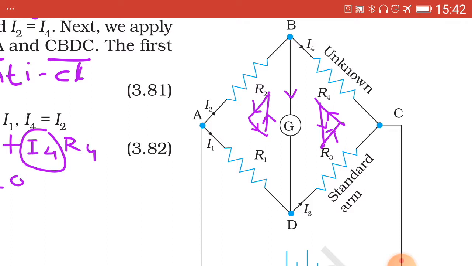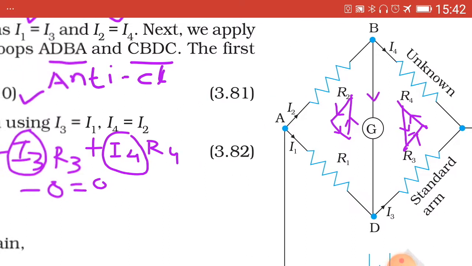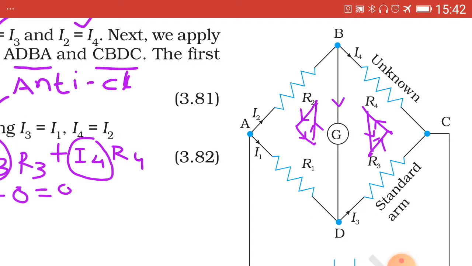Now applying Kirchhoff's second rule along the closed loop ADBA, in the anti-clockwise direction: if we travel from A to D, it is in the same direction, so minus I1 R1.